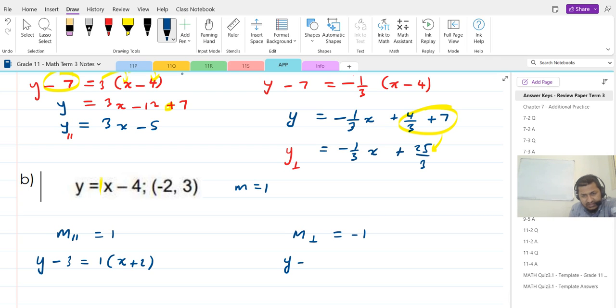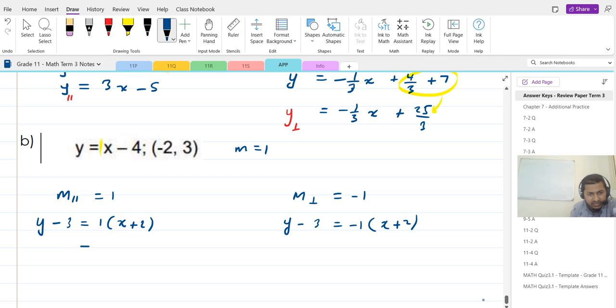Y minus 3 equals negative 1 into x minus minus 2, so x plus 2. If we simplify, y is equal to x plus 5, and y is equal to negative x plus 1. So that's perpendicular and this is parallel. Next one.